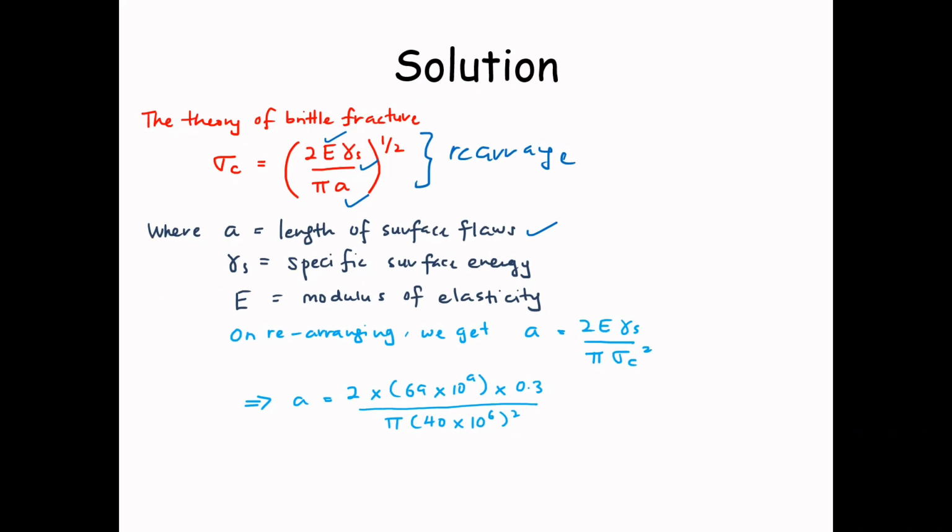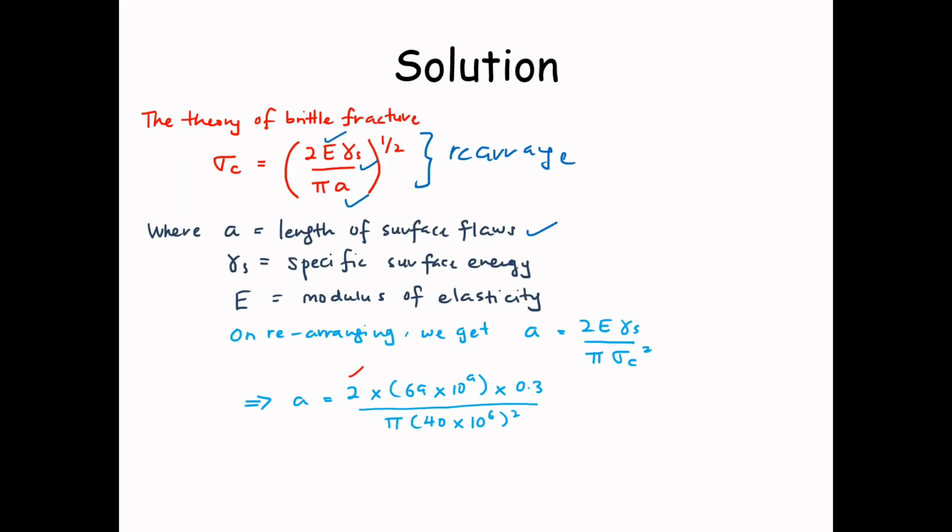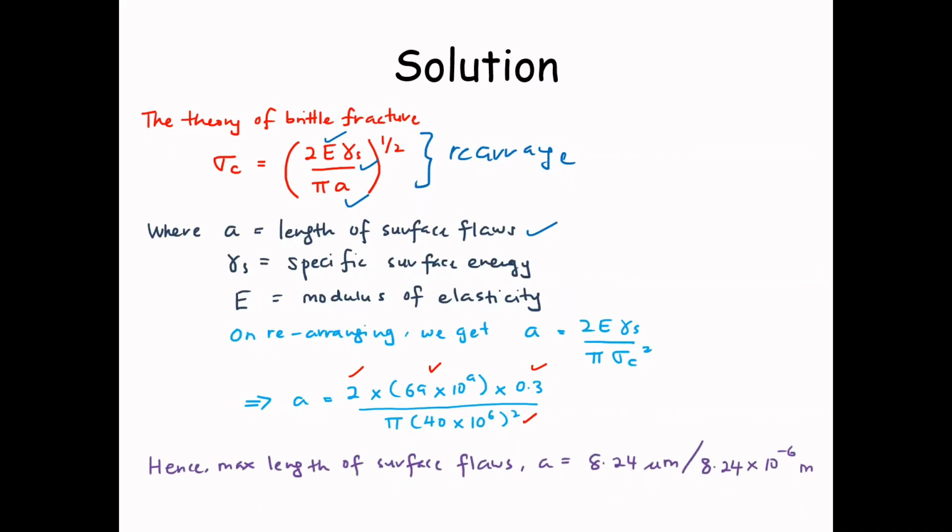So A equals 2 times 69 times 10 to the power of 9, this is the modulus of elasticity, times 0.3, the specific surface energy, divided by pi times 40 times 10 to the power of 6, to the power of 2. And hence, the maximum length of surface flaw, A, will be equal to 8.24 micrometer, or 8.24 times 10 to the power of -6 meter.